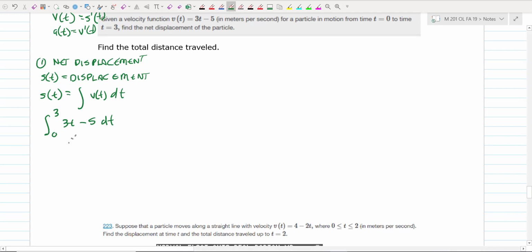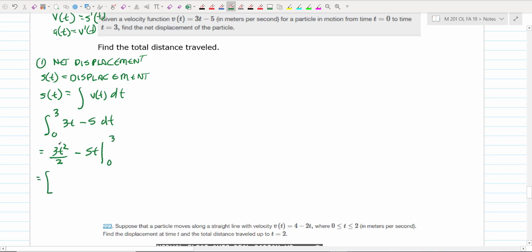Let's get the antiderivative. The antiderivative would be 3t squared over 2, and then the antiderivative of 5 is 5t, and then we're going to evaluate that from 0 to 3. That will give us the net displacement. So let's do the fundamental theorem.